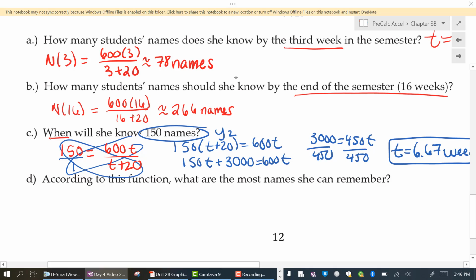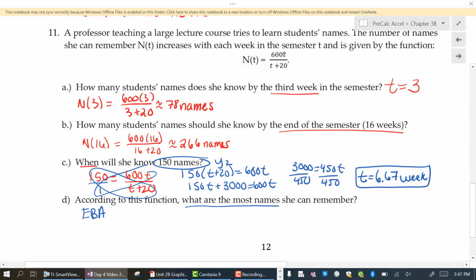All right, this last question says, according to this function, what are the most names she can remember? So we're talking about a most, we're talking about an end behavior asymptote. And if we look back at my original equation, I can see that the degree of my numerator is equal to the degree of my denominator.